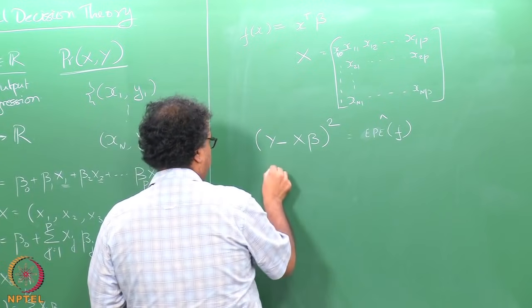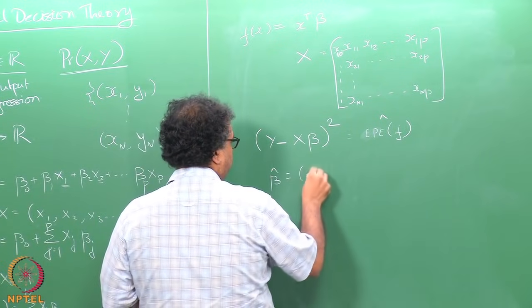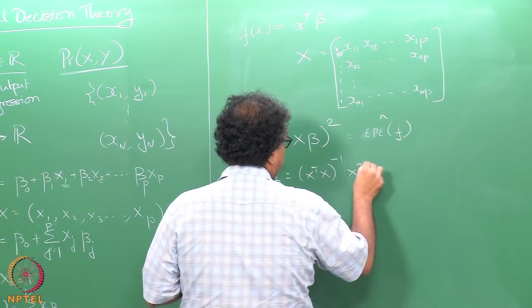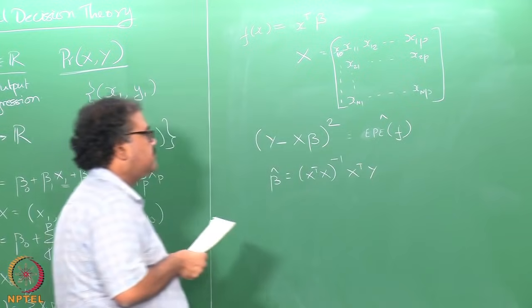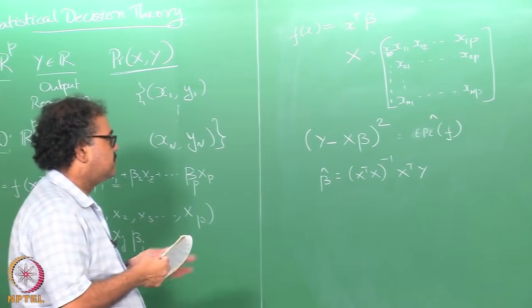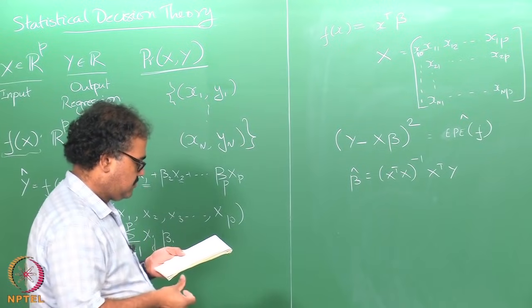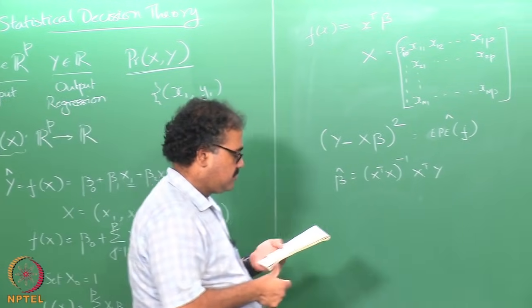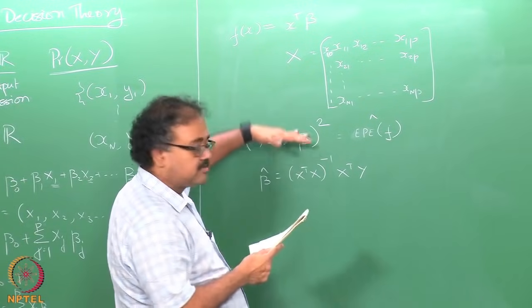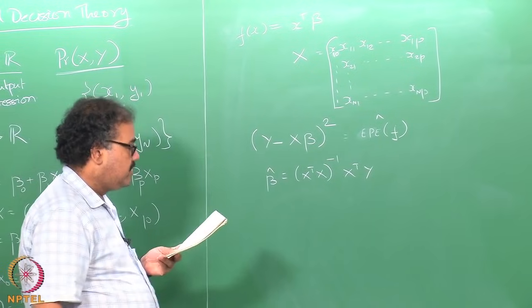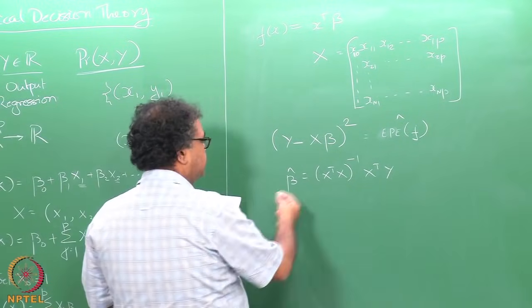So, I am going to get beta hat equal to this expression. This is primarily because of the square here. So, you are going to get this as your simplified expression.